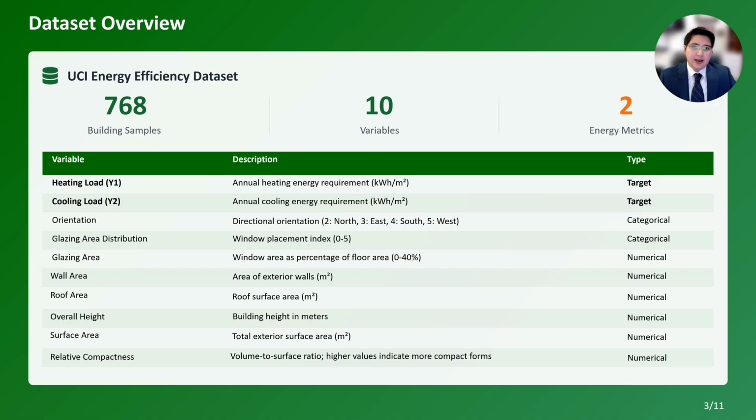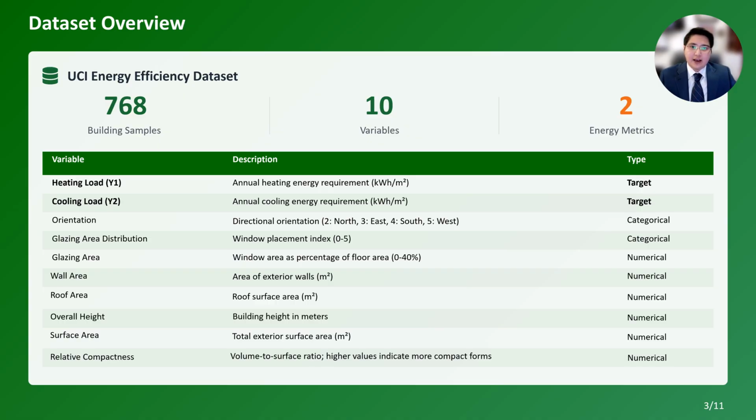Then we have the orientation of the building: north, east, south, and west, followed by the glazing area and glazing area distribution, which covers the window index and the percentage of floor area from 0 to 40%. Then we have the wall and roof area, which covers the exterior of the wall and the roof surface area.